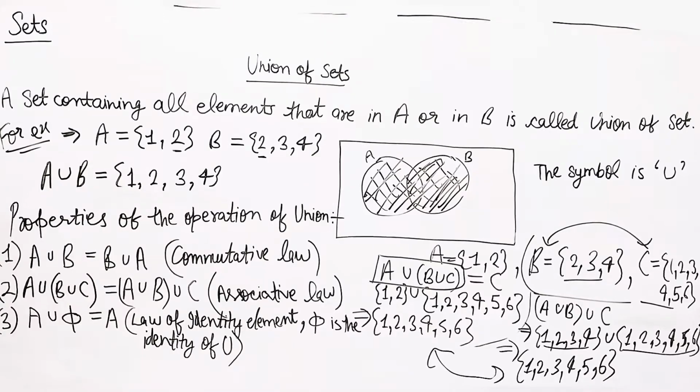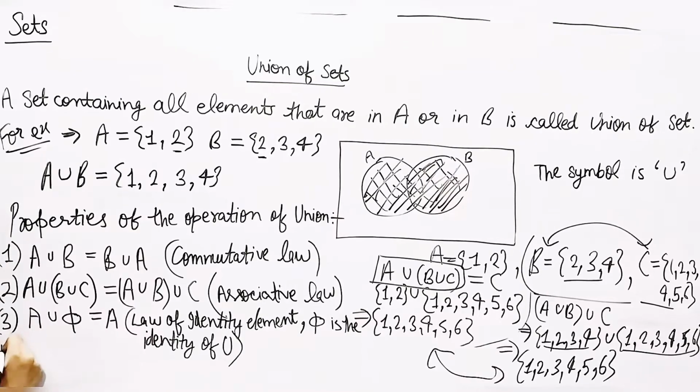Got it? Okay, let's move on to our next topic. The fourth property is going to be A union A is equal to A.